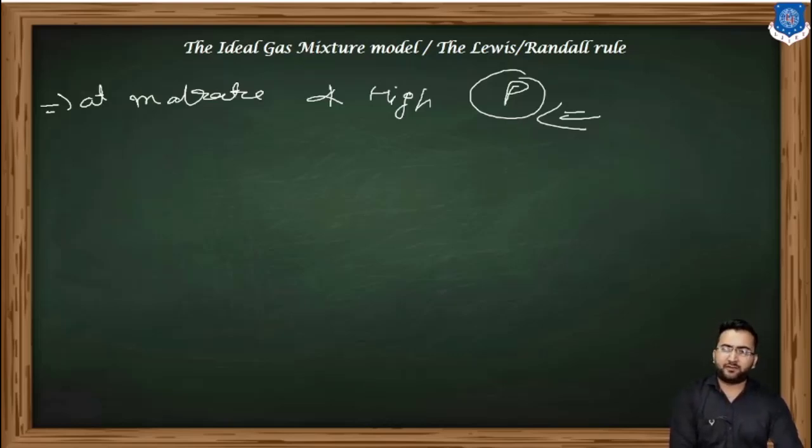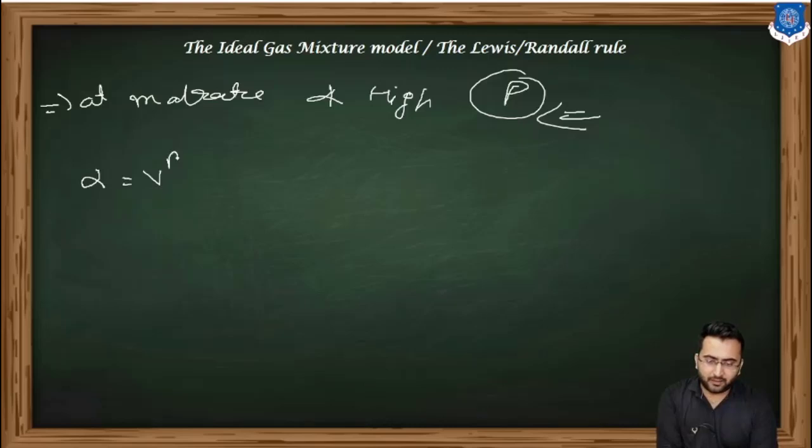To derive this equation, let's consider alpha is equal to V real minus V ideal, where V real means the volume of the real gas and V ideal the volume of the ideal gas.